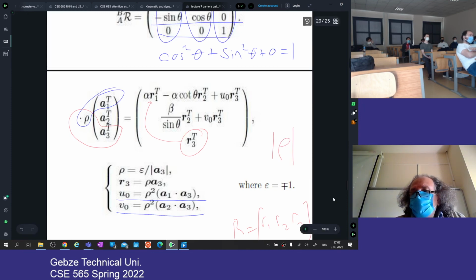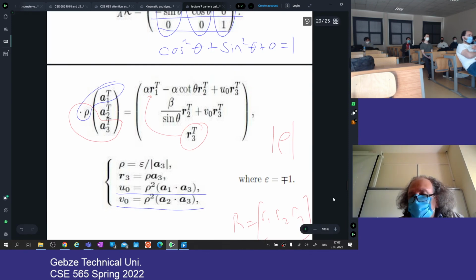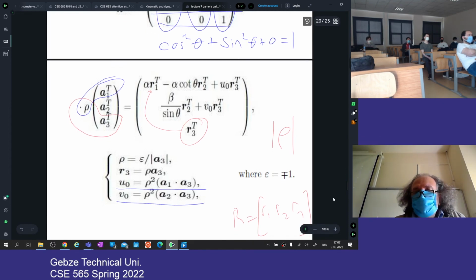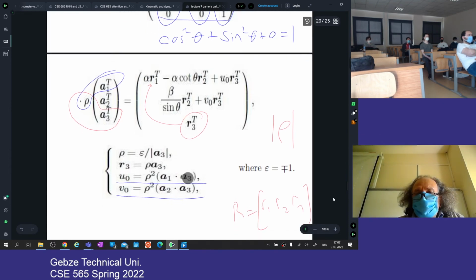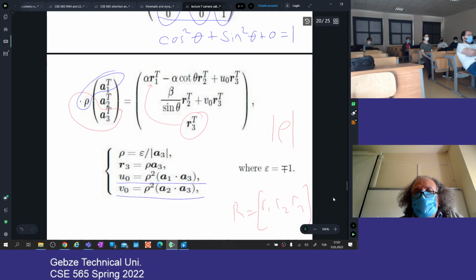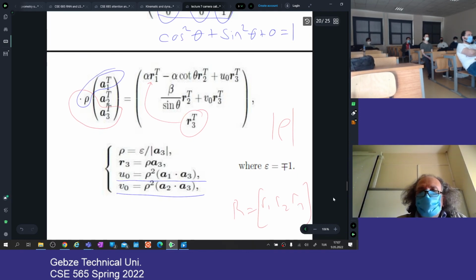If you take the square of it, I know the rho square. So I know A1, A3. It comes from there. I multiply them with rho square, you get U0. And the same thing again, multiply with this is 1, this is 0, and you get V0.